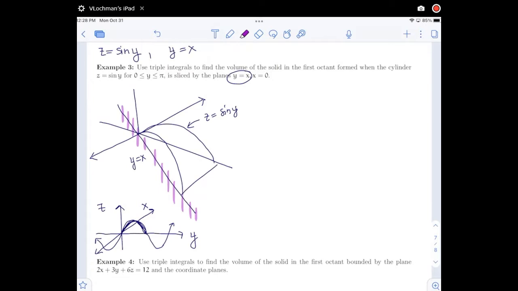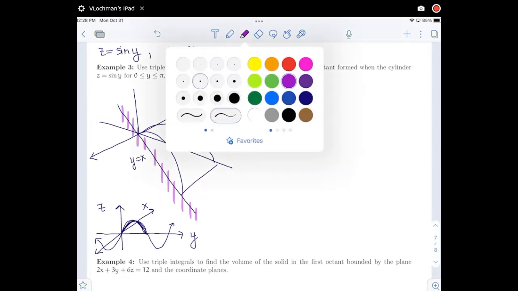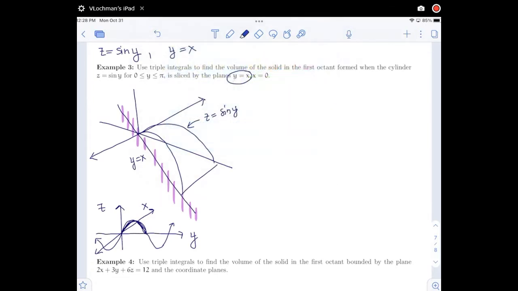So now what we have is this solid. That is not a box. There's curvature here, right? Here's my solid, the solid object that I would like to compute the volume of.